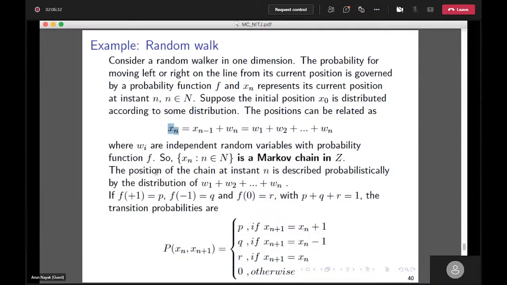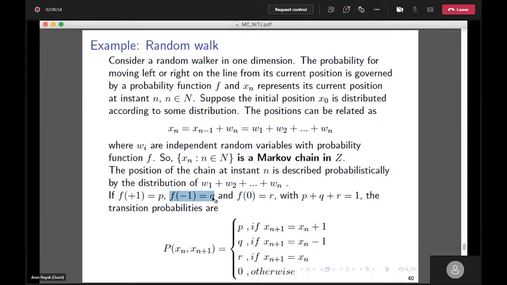So the position at a given instant n will be described probabilistically by this distribution of the sum of omega n's. Now you can consider what the probabilities are. Suppose the probability for going right is p, the probability for going left is q.